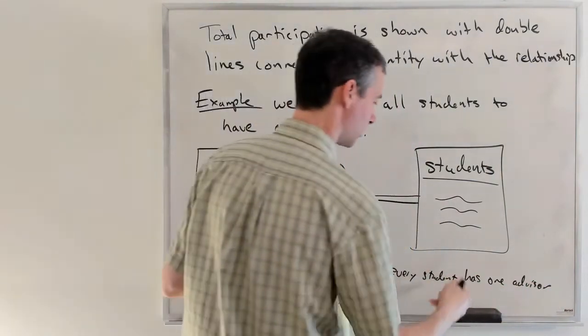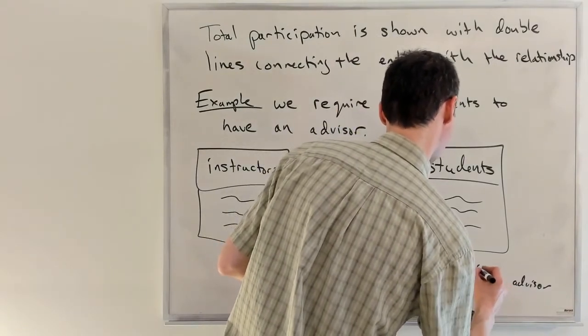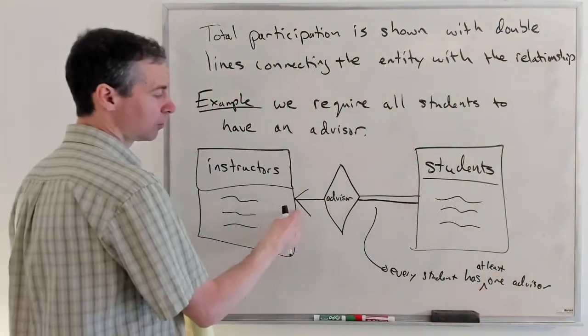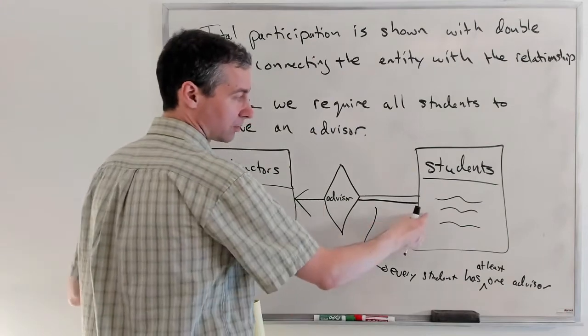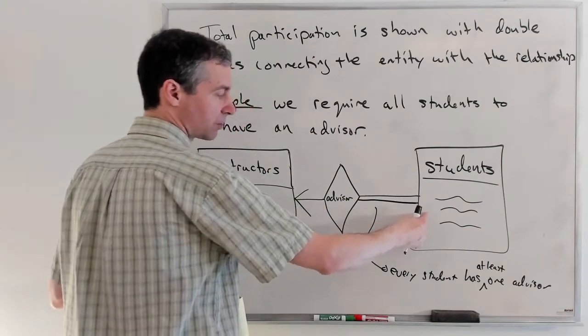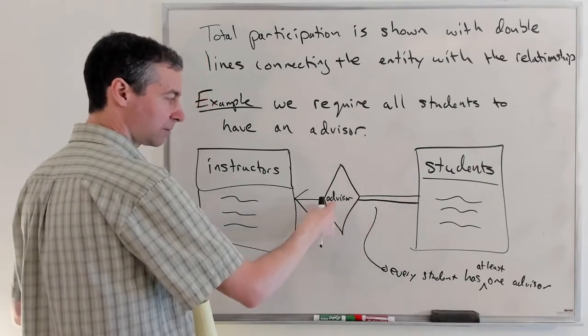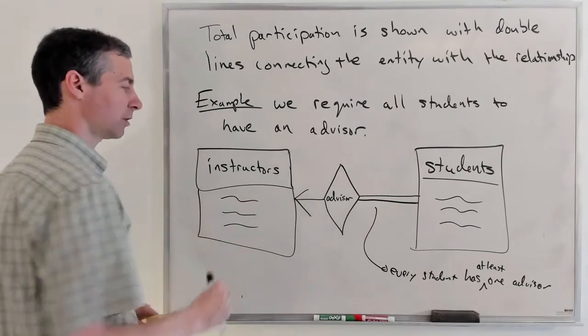This is really every student has, we really should add in, that means at least one. The arrow over here means at most one. So we'll know that I'm totally participating in this relationship. So every row has a relationship, and we know that that relationship is one student to one instructor.